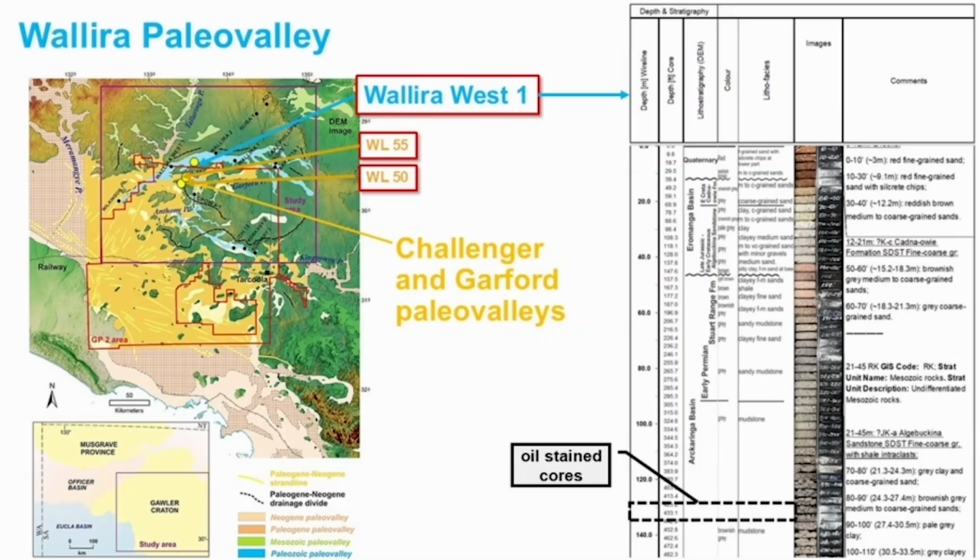Also, one example in this area for the Challenger Paleovalley: we can see this part is Garfield, and this part is Permian. This is very clear when you view from the Garfield Paleochannel along here. You can see the Mesozoic and the Permian, and on top, the Cenozoic. You can work out the water relationship between these Paleovalleys.